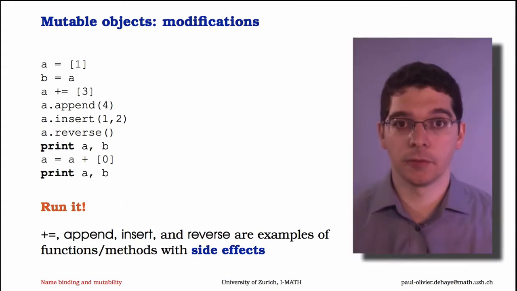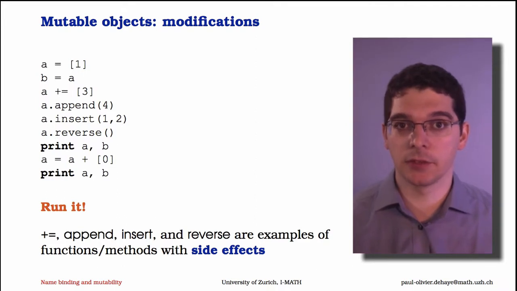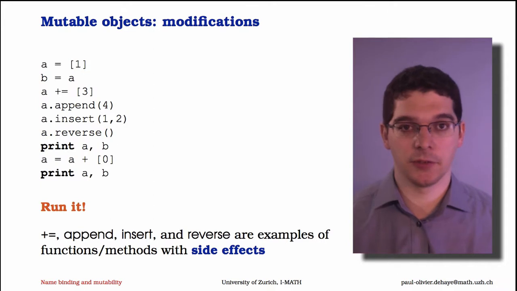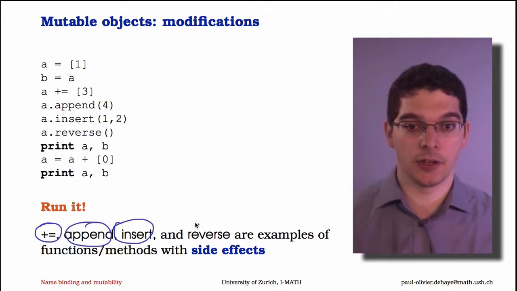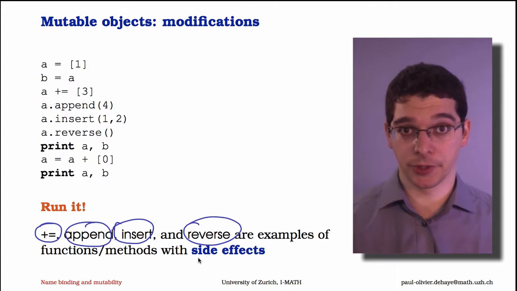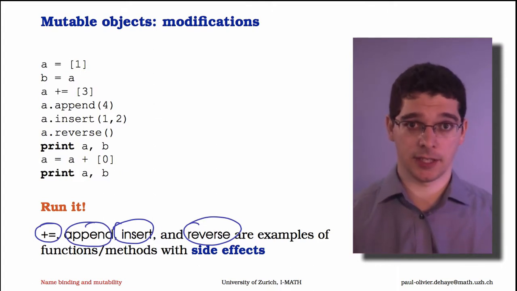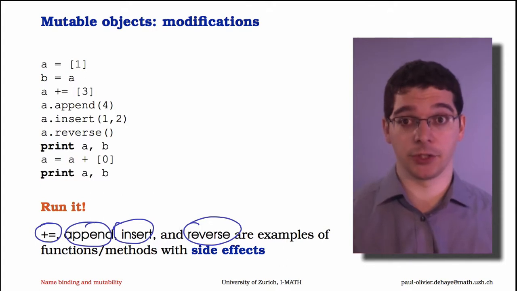Well, naturally, for mutable objects, we have to distinguish between functions that act on those objects. Some of them will modify the original object, and some of them won't. So, for instance, plus equal, the augmented assignment, append, insert, and reverse are examples of functions or methods, or operators actually, that will have side effects, that will modify the original object.